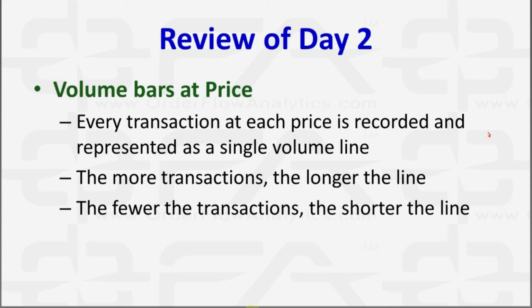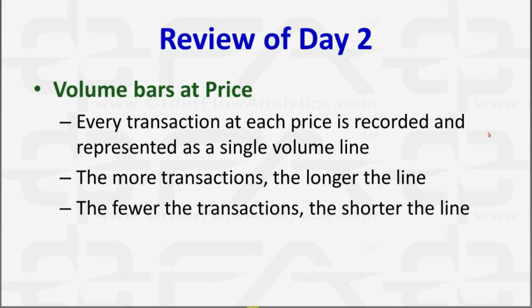And what the volume bars at price is doing is saying, here's the level of interest at this price, this price, this price, where people are entering, and I guess it could be closing positions, but if somebody's closing, somebody's opening. Here's where they want to do business at these different levels.